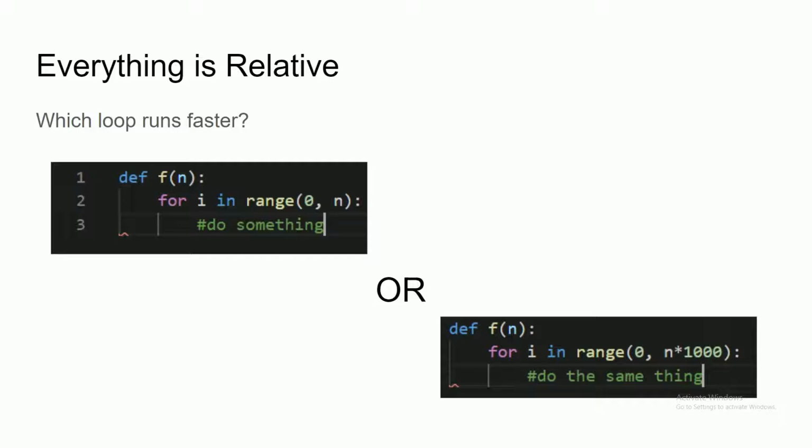Well, obviously, we can see that if they're doing the same exact thing for each iteration, and regardless of what the input size of n is, the loop on the bottom right is going to run 1,000 times more iterations than the loop on the top left.